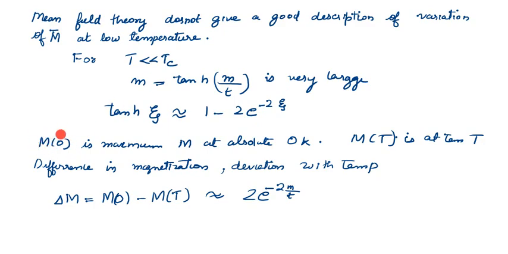let M of 0 be the maximum magnetization possible, that is at 0 Kelvin, and M of T be the magnetization at temperature T. With increasing temperature, magnetization deviates by an amount delta M that we can approximate as this difference from 1, that is 2 exponential minus 2m by t.